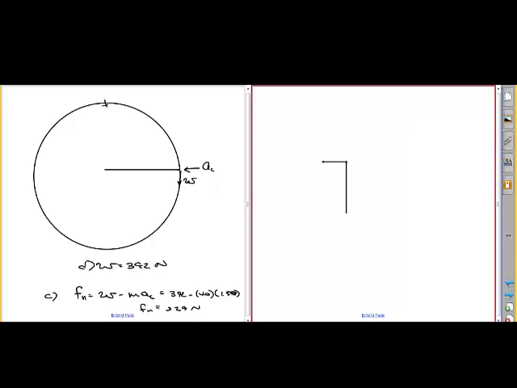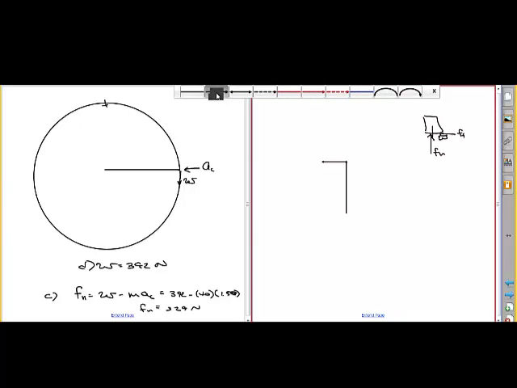Let's think about that. So here we are, and you've got the weight, which is then going to have a corresponding normal force, and then you have a friction force, which is pushing inward, like that. Yeah, because if you didn't have that friction force, you'd go straight out.